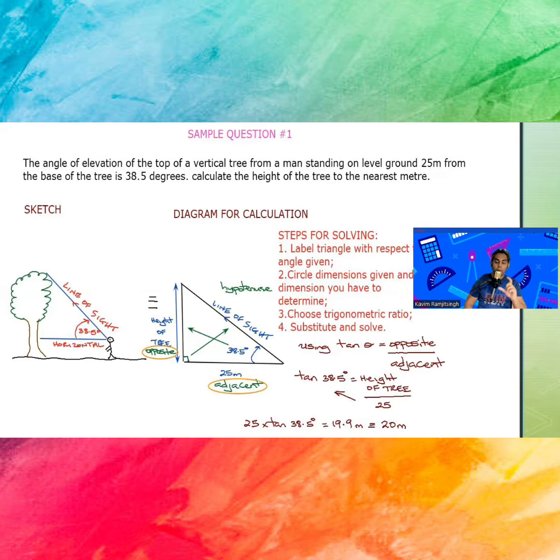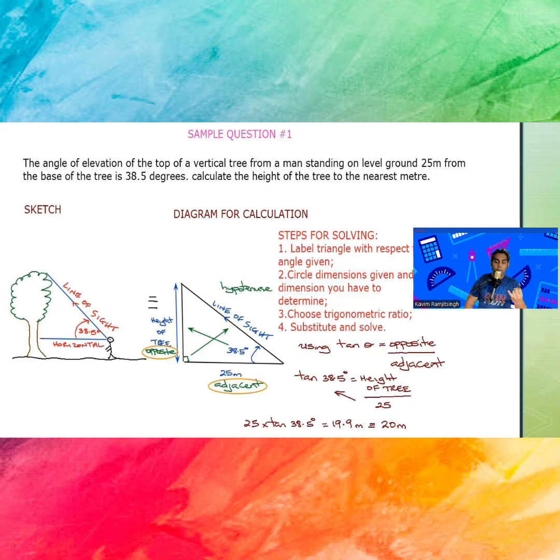Once we get our diagram with the right angle triangle and we label properly, like in this case, the height of the tree, the distance the person is from the base of the tree, and we put in the line of sight, and we put correctly where the angle of elevation is, which is always between your line of sight and the horizontal, then you could follow these steps here.